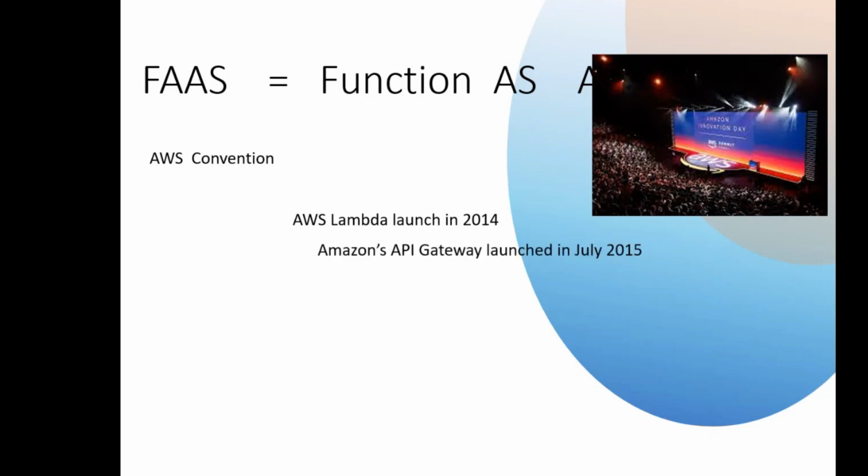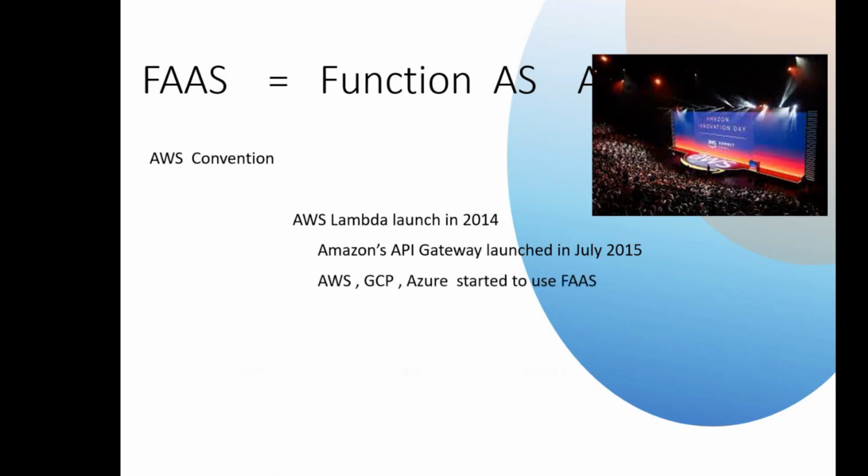You'll find Amazon API Gateway was launched around 2015. And from that time itself, all the clouds, Azure, GCP, and all the clouds that are available, got the concept of FaaS or serverless architecture, and they tried to implement this concept in their cloud business.